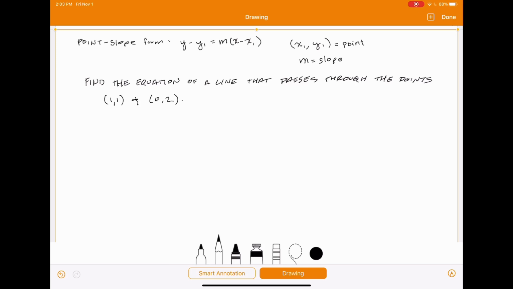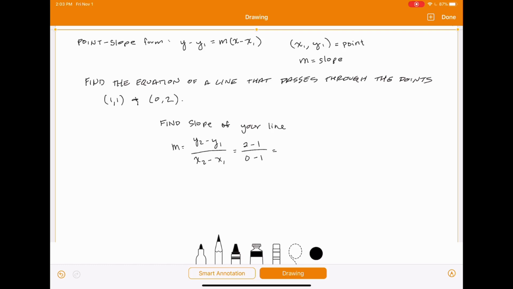All right, so the first thing you're going to want to do is find your slope. m equals y2 minus y1 over x2 minus x1. So we're going to have 2 minus 1 over 0 minus 1.